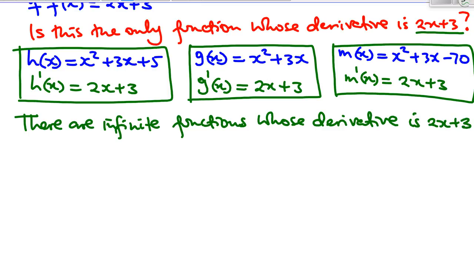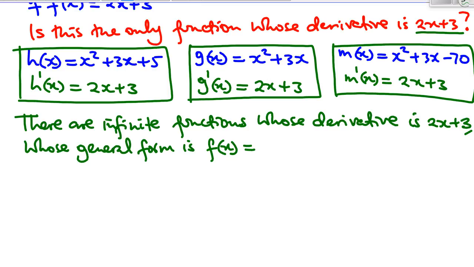And you can say, basically, these infinite functions have a general form, which is f of x is equal to x squared plus 3x plus c.